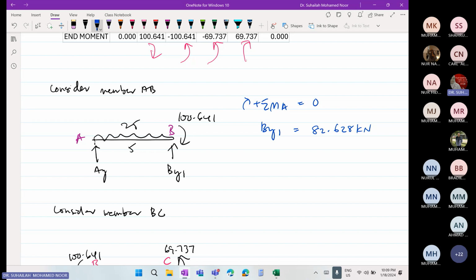So what is AY? AY is 25 times 5 minus 82.628, because we use total FY. This is what we call static equilibrium.